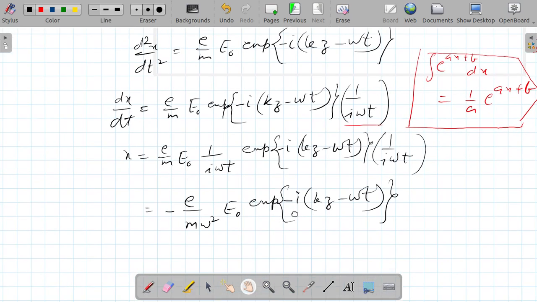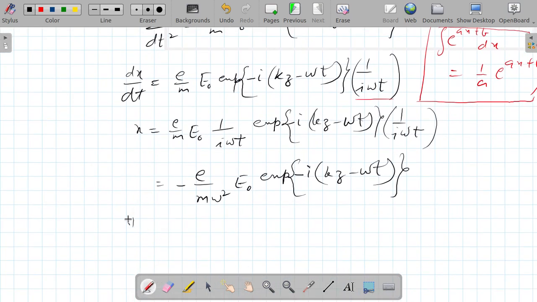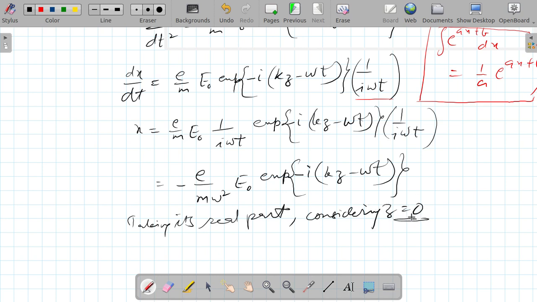Now let us take its real part, and consider z equal to 0.